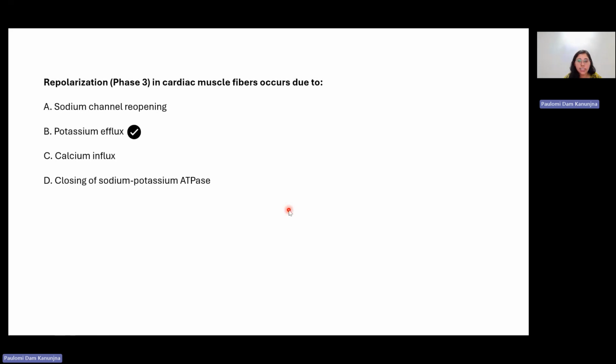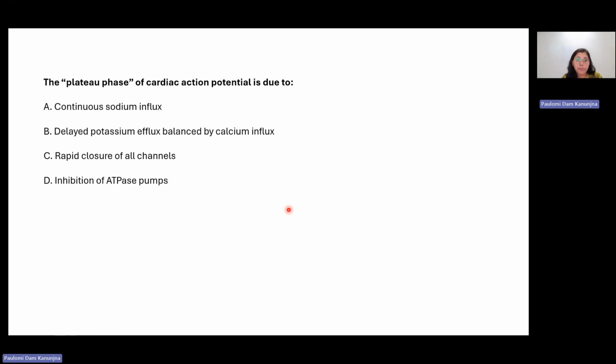Repolarization means efflux of potassium. Which wave in the ECG shows this? The T wave, right? So this is how, among different questions, you can link them up so that you can concretely build these topic connections.